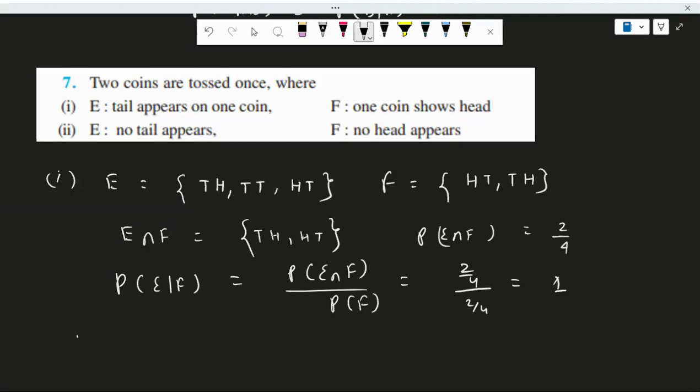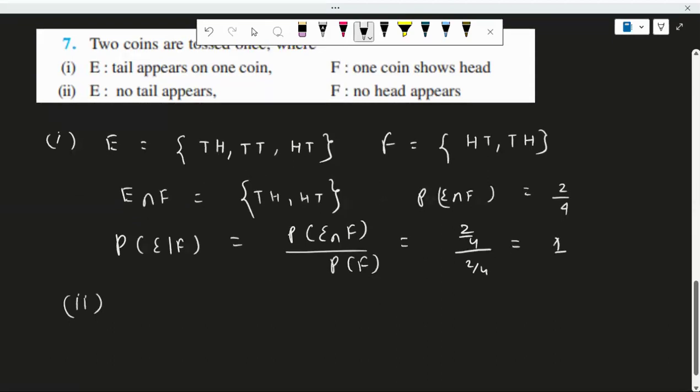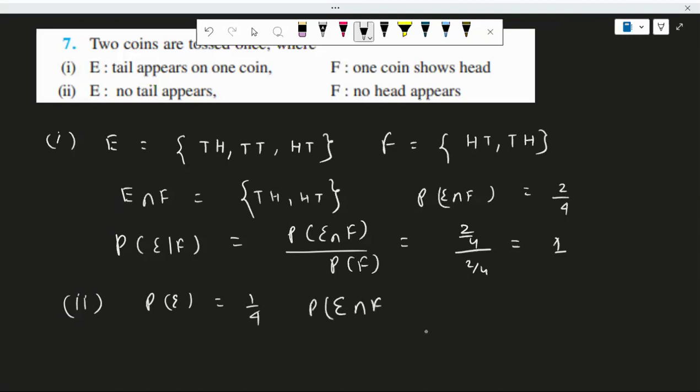Okay. In the second case, no tail appears, which means only HH is there. So P(E) is 1 over 4. It'll be the same with P(F) also. E intersection F, we do not need that.